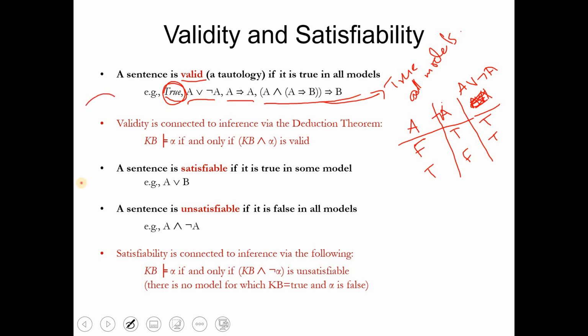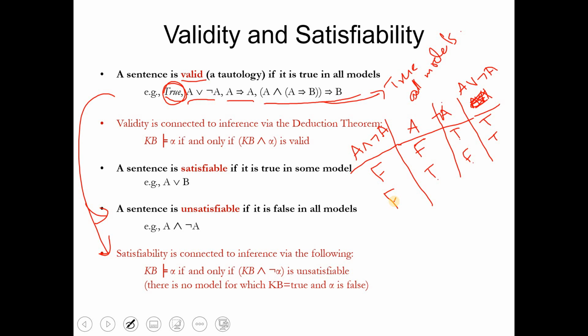Whereas the opposite of valid is called unsatisfiable. Unsatisfiable is always false. For example, A and not A. Because there is the and relation, false and true will be false, and true and false will also be false. It will be always false. Such a sentence which is false for all the possible models, or for all the possible input values, we call unsatisfiable.